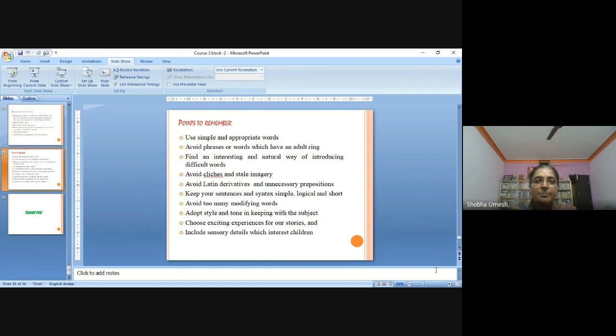Nowadays we have seen many cartoon serials produced or directed by many producers, which have attracted children. So when we start writing a story, we have to keep all these things in mind.